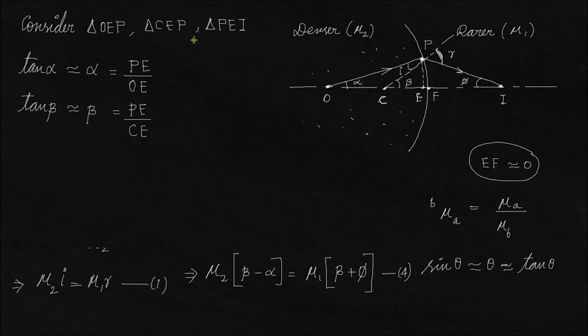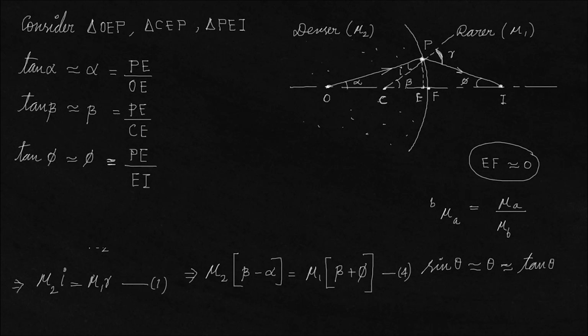Now when you take the triangle PEI, I have tan gamma or tan phi approximately equal to phi, that is equal to PE divided by EI. Let me put all these values in equation number 4.